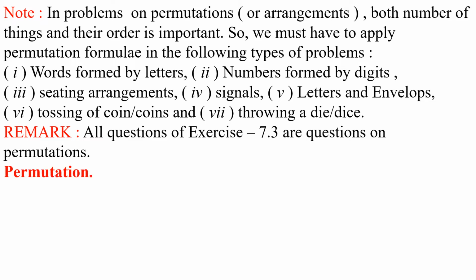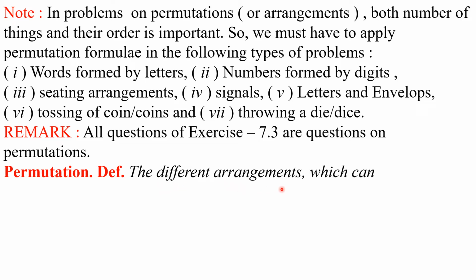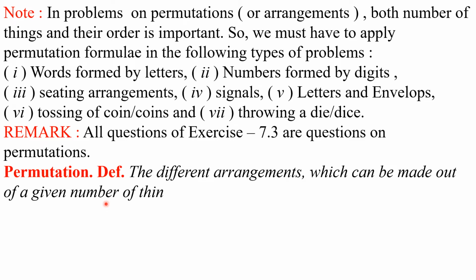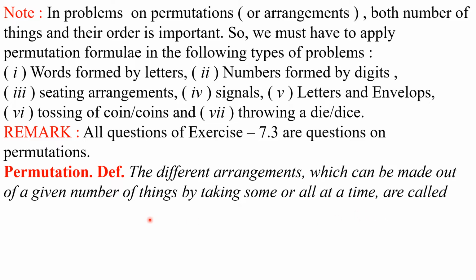So let us recall what is meant by permutation. This is the definition of a permutation. The different arrangements which can be made out of a given number of things or objects, by taking some or all at a time are called permutations.